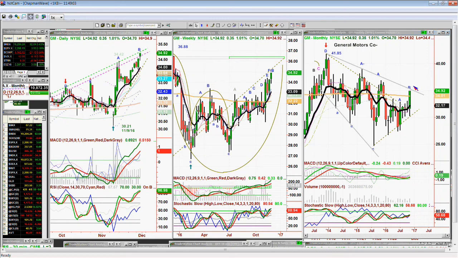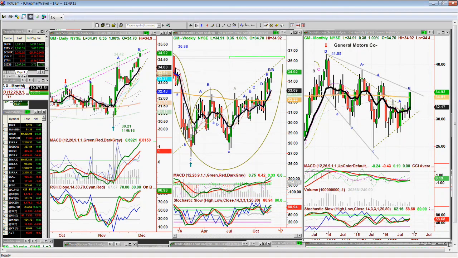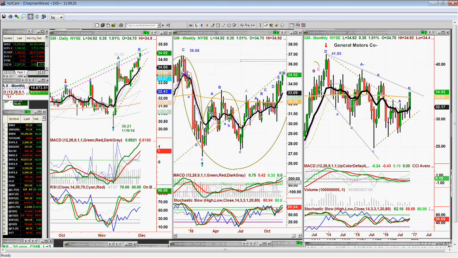If General Motors breaks into the 35.90s, 36 area in the next 4 or 5 days, I don't know if it can do that quickly, but if it does, not only is it going to test the left side, right side price time match in a shorter period of time than the high of December, the week of December the 11th of 2015 at 36.52 to 36.88, actually, is the level that we're looking at, the beginning of December of 2015.